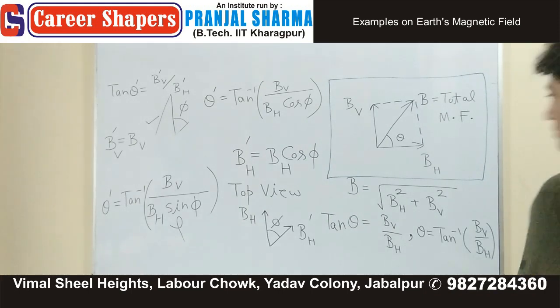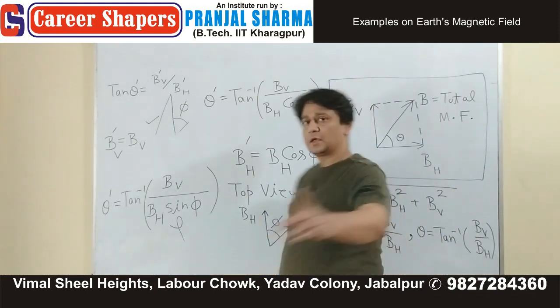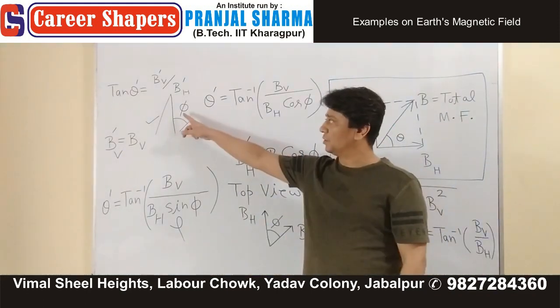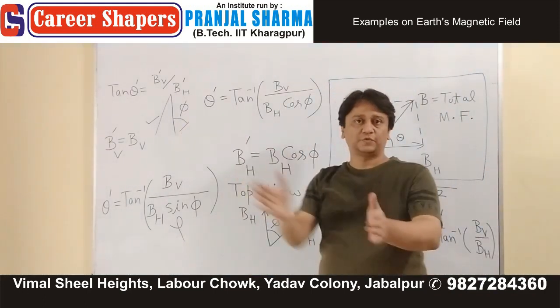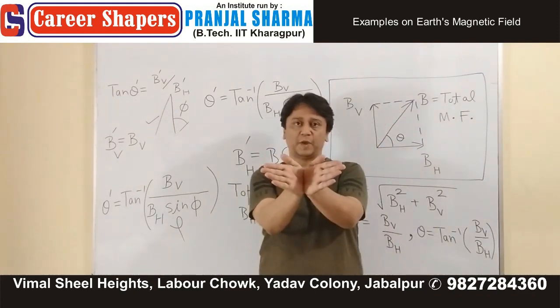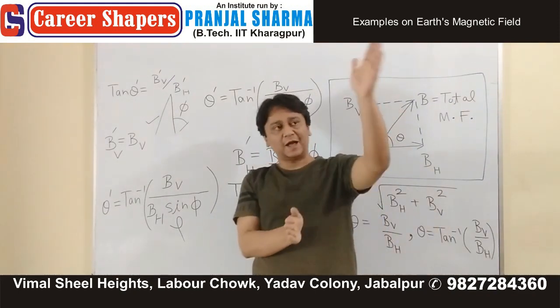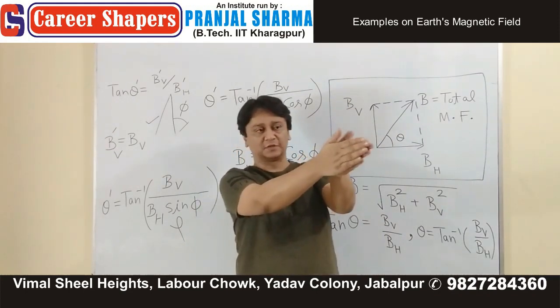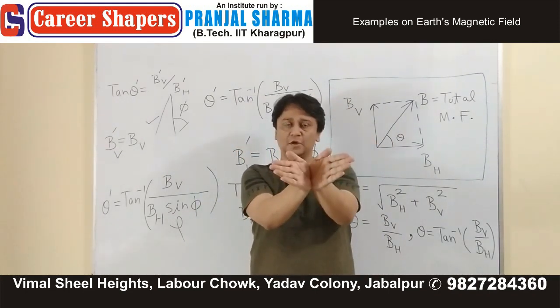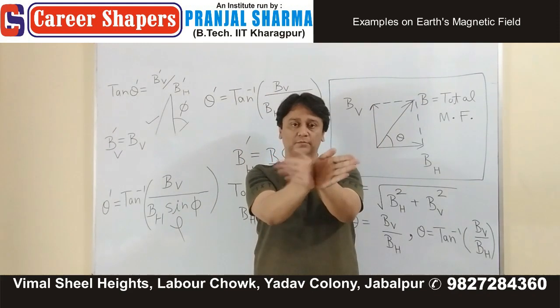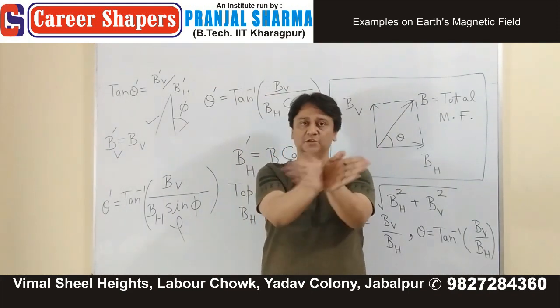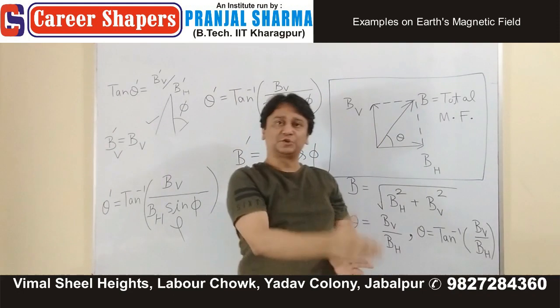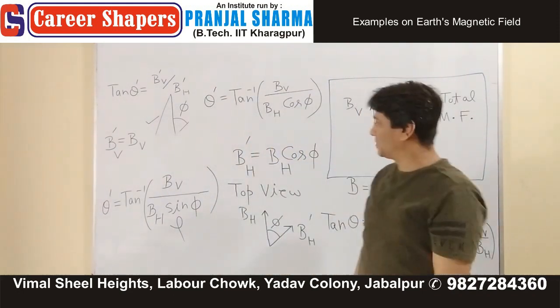Taking too long. If I say phi is 0, what was phi? Phi was the angle between these two planes. This is the actual plane of the magnetic meridian in which the magnetic field line is present. This is another plane. So if phi is 0, you are present in the plane of the magnetic meridian.